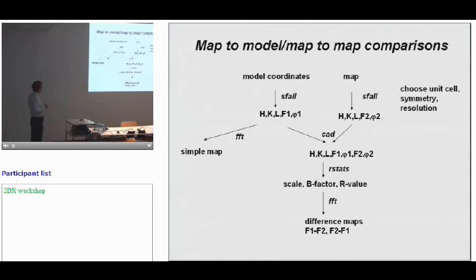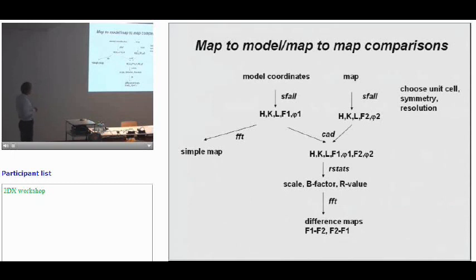And this is a CCP4 program which calculates structure factors from a map. And you can use the same program also to calculate structure factors from a model. So if you pick out a model from the PDB, you can calculate the structure factors if they are not deposited in the PDB.